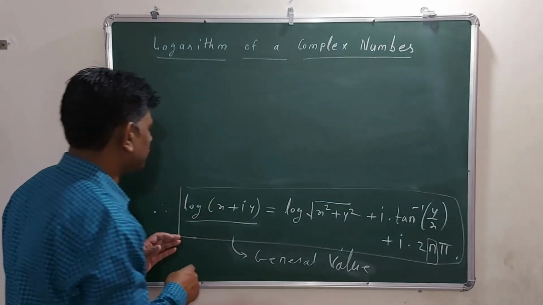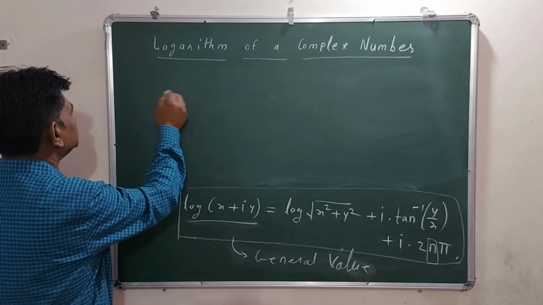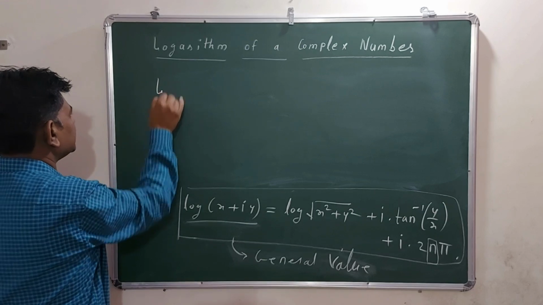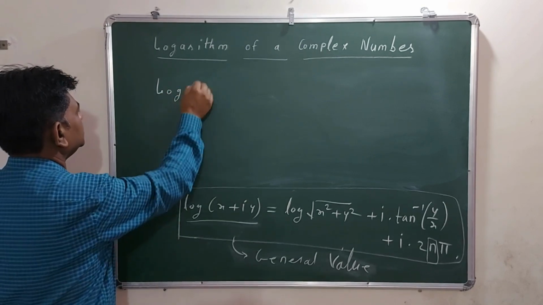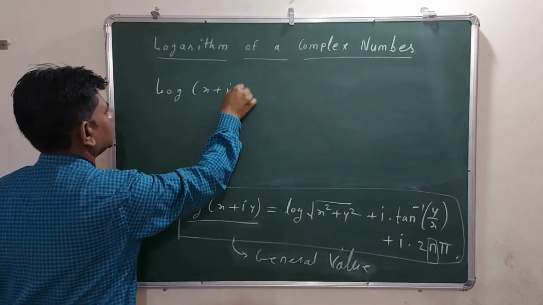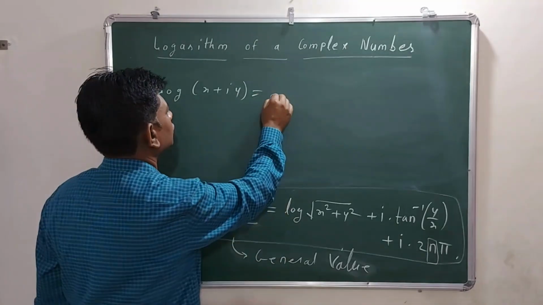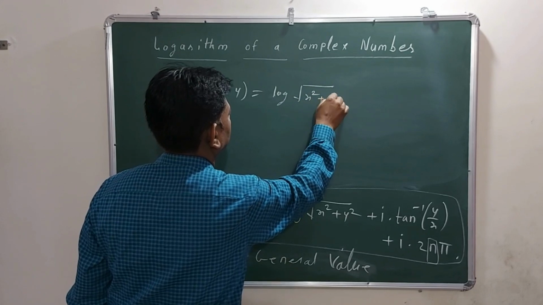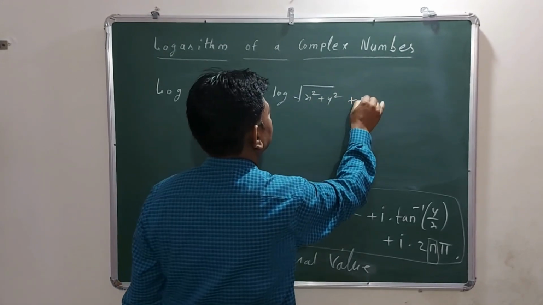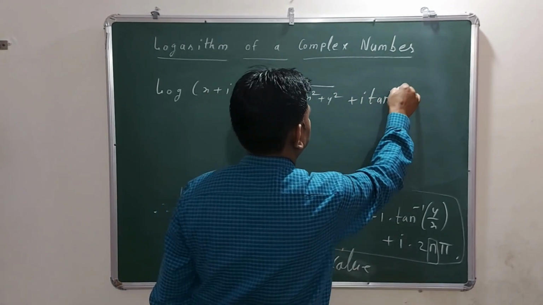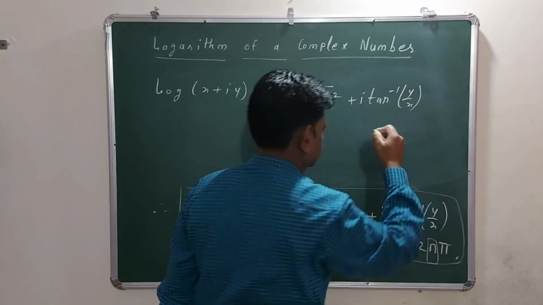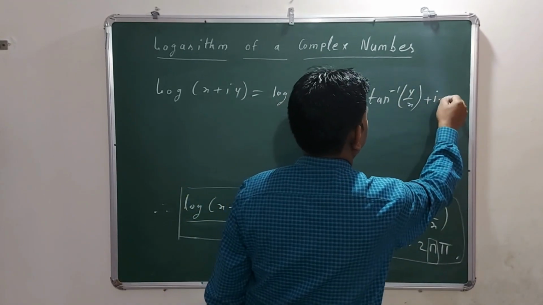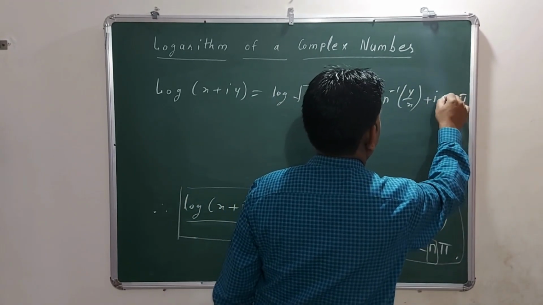Now the general value of log of x plus iy is denoted by capital letter L o g of x plus iy. This is equal to log of root x square plus y square plus i times tan inverse y by x plus i times 2n pi.